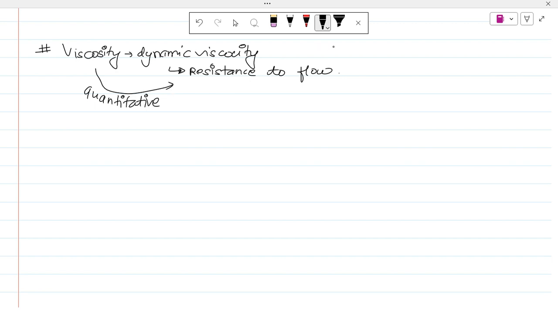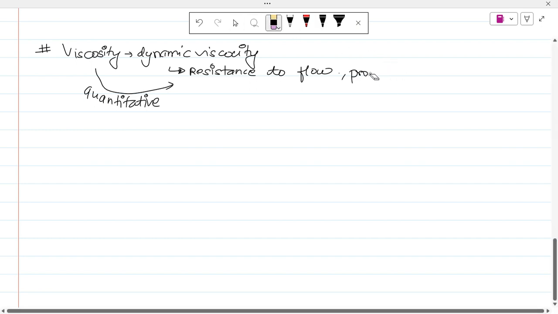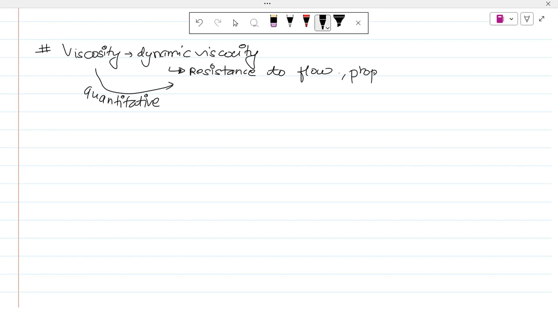So, viscosity is a property of a fluid, and it relates strain rate with shear force.